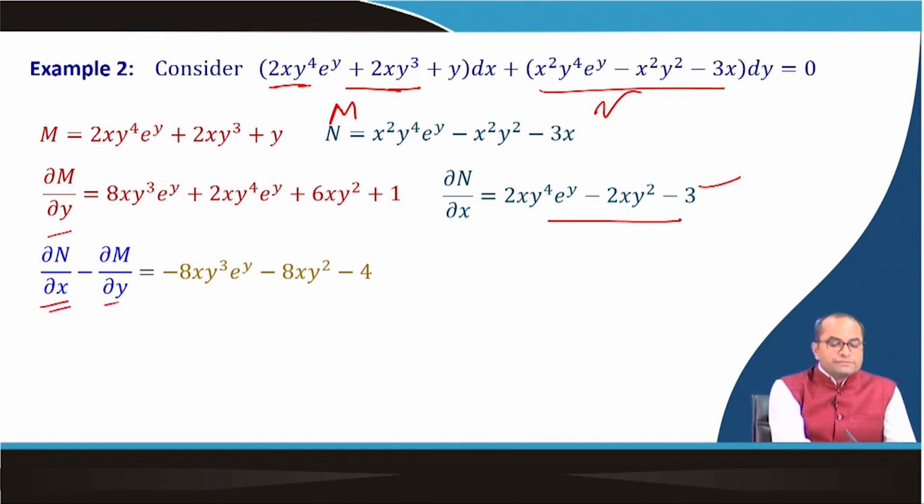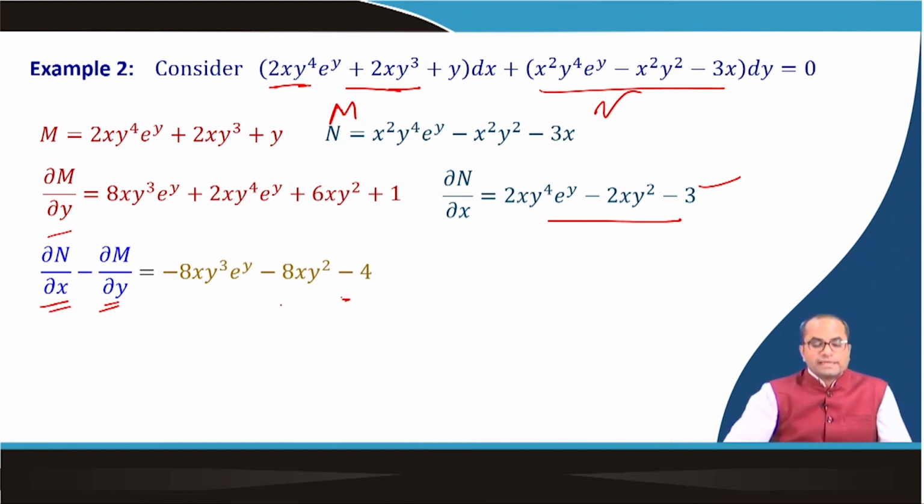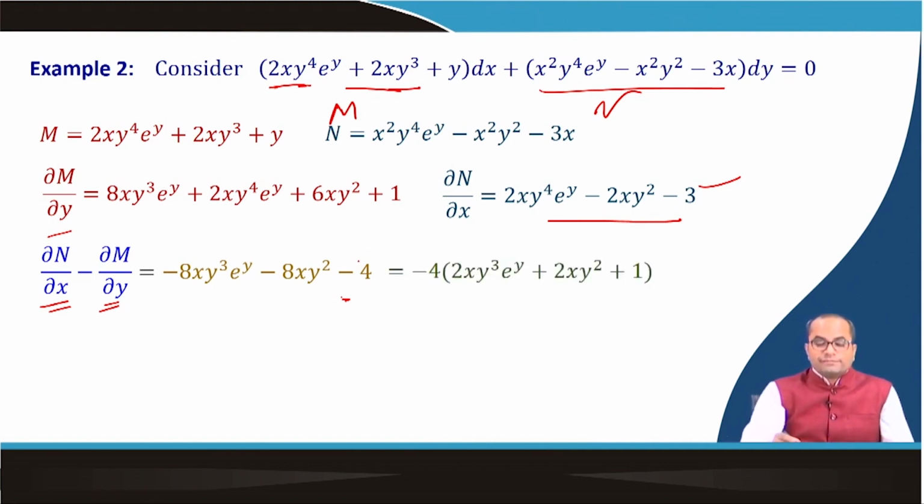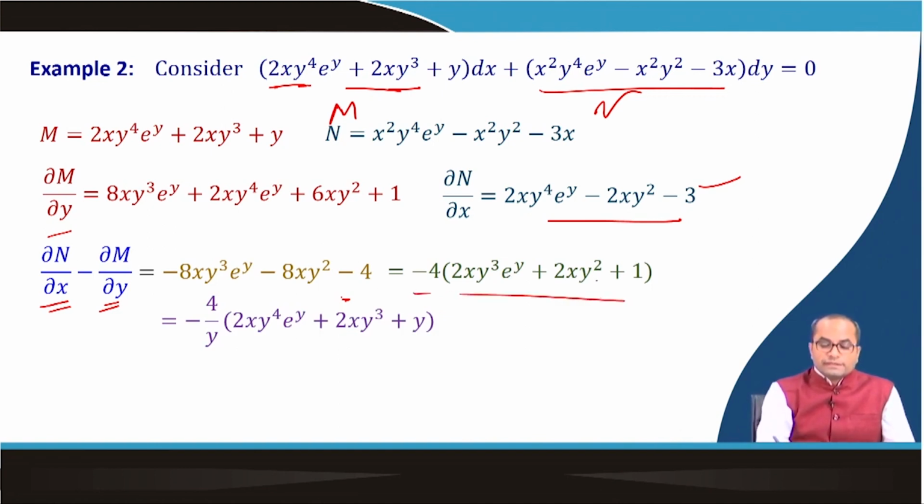So, we see the difference ∂N/∂x - ∂M/∂y, and this difference is coming -8xy^2 e^y and -8xy^2 - 4, and if we take -4 common, we have this term. In fact, we can multiply by y and divide by y.